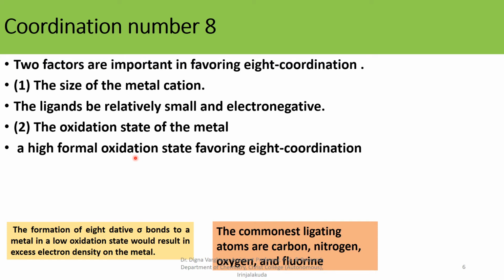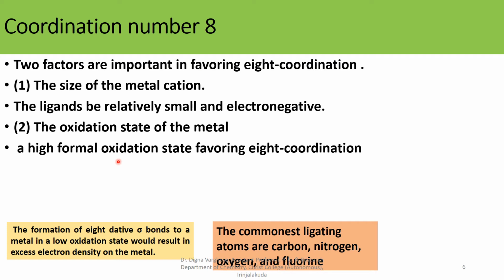So, if electron density is higher on the metal, it does not require any additional ligand to form a stable complex. But if the formal oxidation state is high, its electron density is small. So it favors 8 coordination by electron acceptance from the 8 Lewis bases.